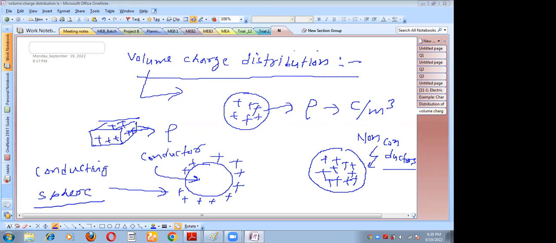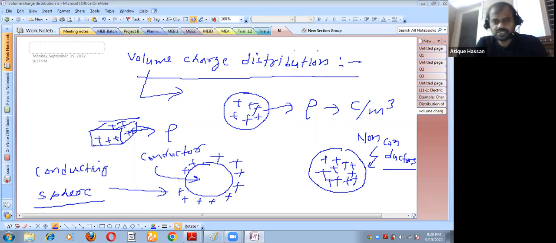Yes. So we have just started the electric charges and fields chapter, and we are discussing the very basic concepts, that is distribution of charge and the properties of charge, like quantization of charge. I think most of you are familiar with these terms.